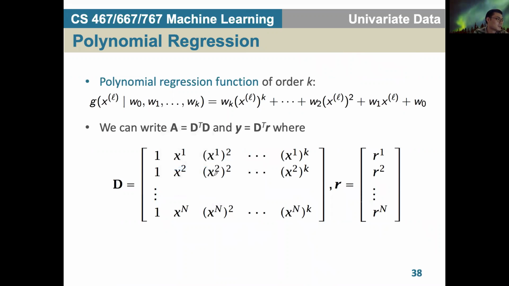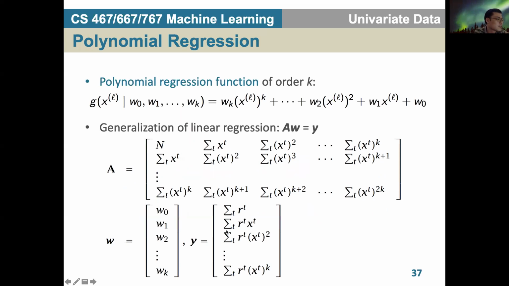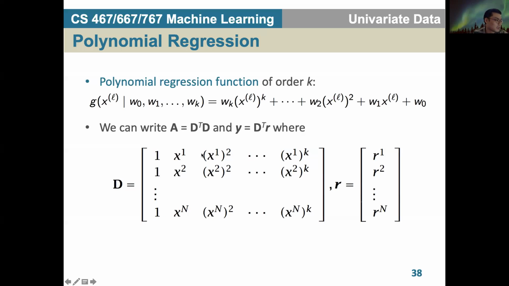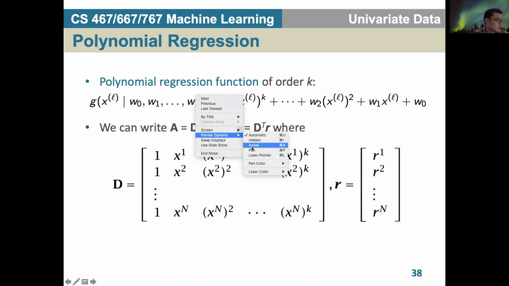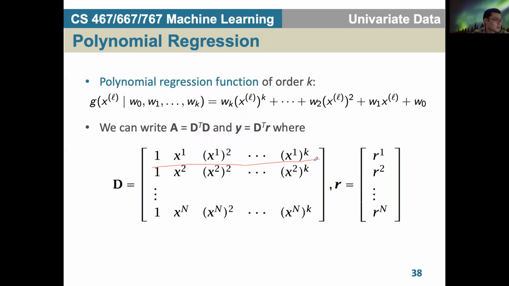Previously, if you ignore the summation over t, if we don't consider t, we only consider x, only one t. So if we just consider one t, we have one row. All the same t.